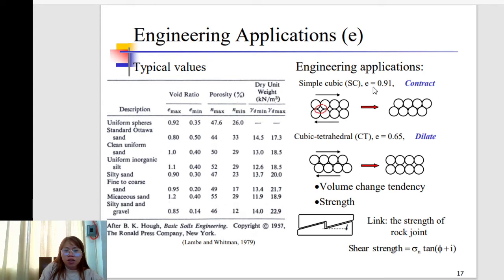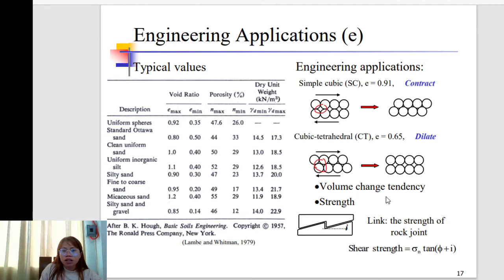That's why the void ratio is bigger, because the void ratio is equal to the volume of voids, composed of air and water, divided by the volume of solids. So the 0.65 of the cubic tetrahedral is smaller, because if you look at the void gap, the voids are smaller compared with the simple cubic.